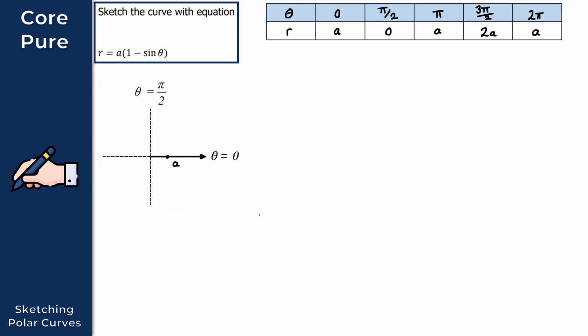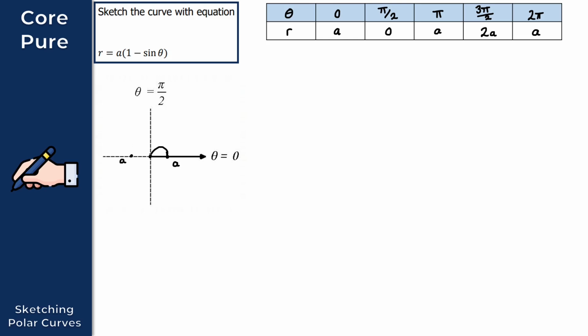The way this works is we go counterclockwise, so theta equals 0, then theta equals pi over 2, where r is 0, which would be here. Let's join them up as we go, counterclockwise, like so. Next, when theta equals pi, the value of r is a, so that would be here.